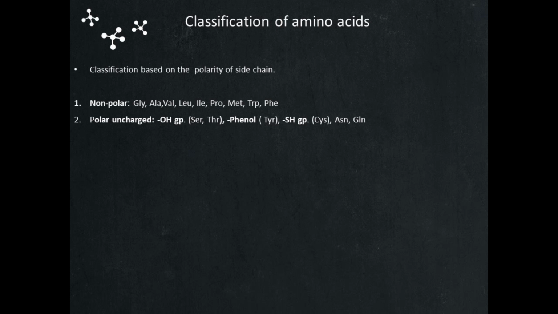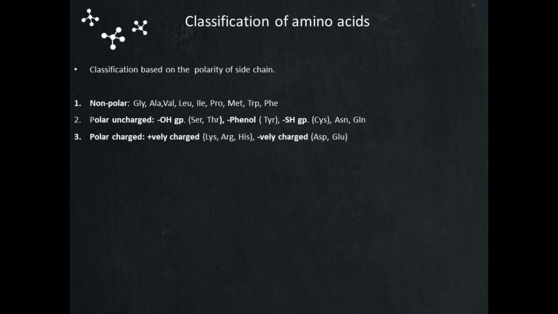Whereas the third category is polar charged amino acids, which are divided into two types: positively charged amino acids, and these include lysine, arginine, and histidine, and negatively charged amino acids, which include aspartic acid and glutamic acid.